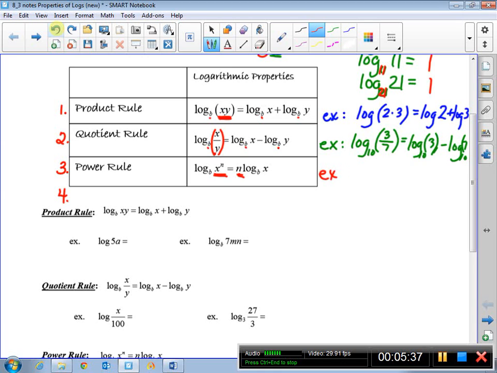Quick example for that one. Log of 3 squared. Swing that 2 out front, should equal 2 times the log of 3. So let's try that one on your calculator, just to confirm.